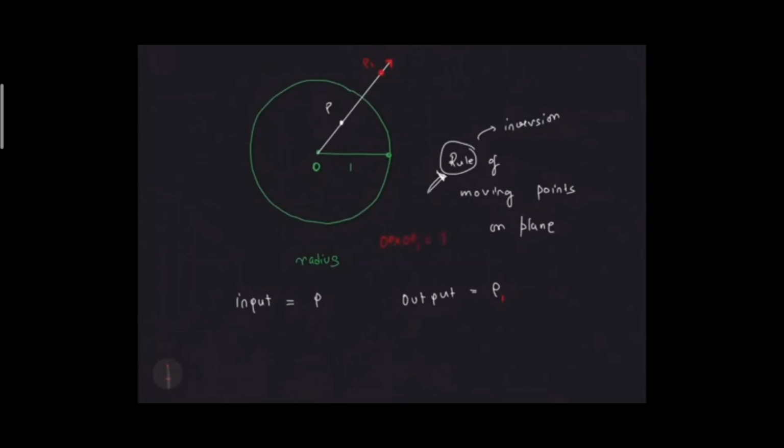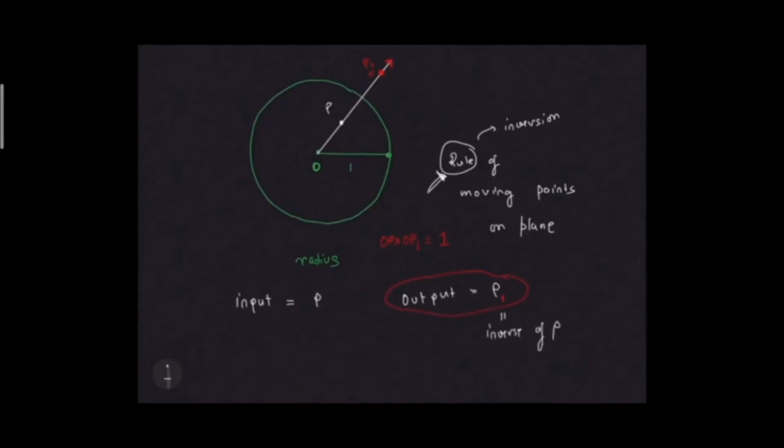If we find such a point P1, then that will be my output, and it will be known as the inverse of P. All this we discussed in the previous discussion.